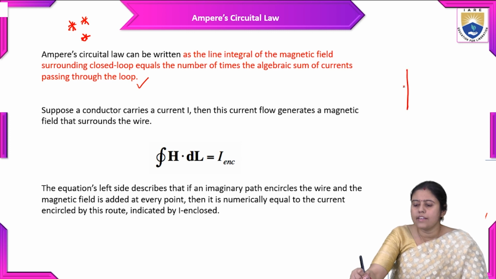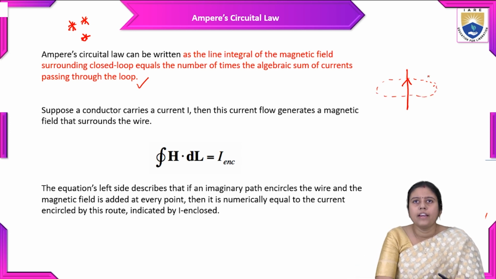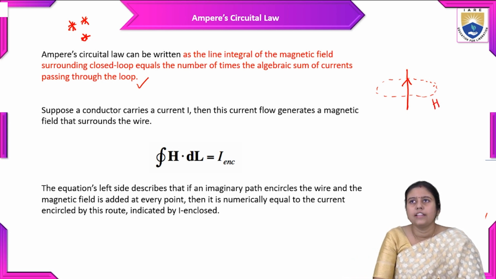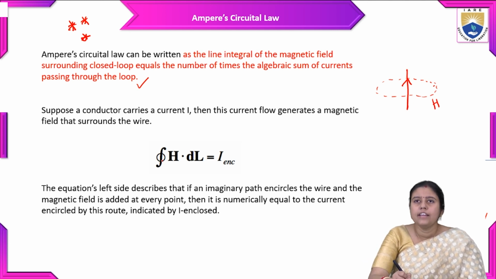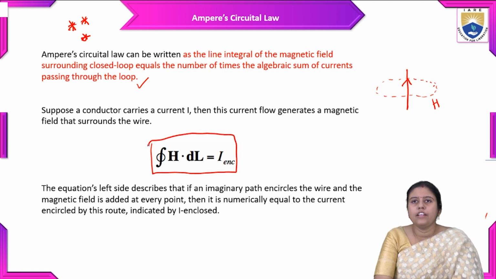So, if there is a current carrying conductor I, there will be a field surrounding it, and according to Ampere's circuital law, if the field intensity is H, then we can write the integration of H dot dl is equal to I enclosed.